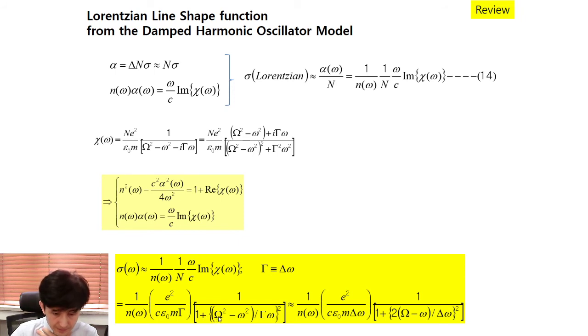where capital omega squared minus small omega squared is capital omega plus omega times capital omega minus omega. So capital omega plus omega, where omega is close to capital omega, we approximate as 2 times small omega.